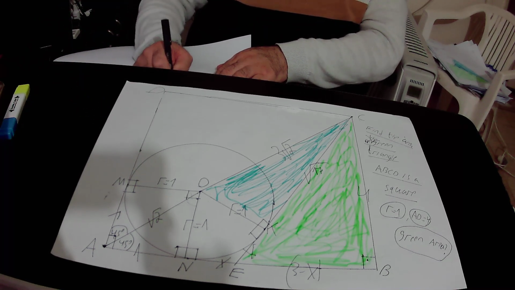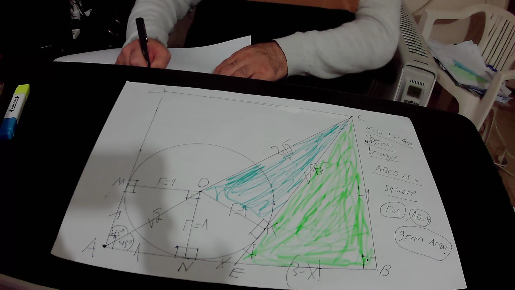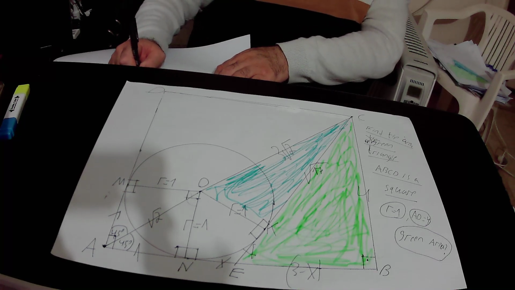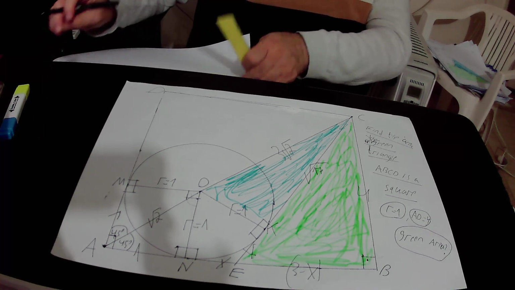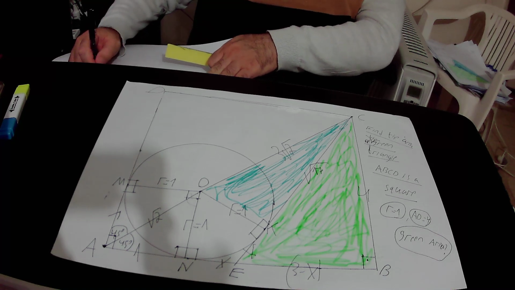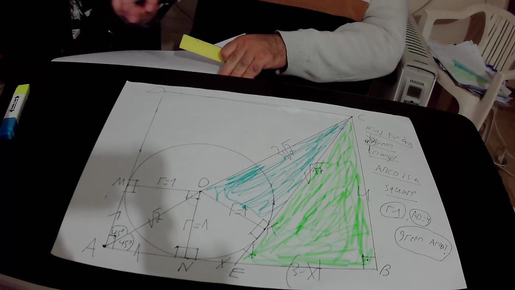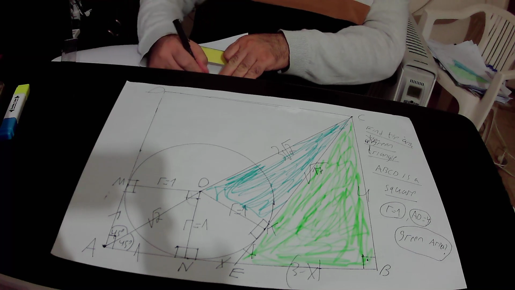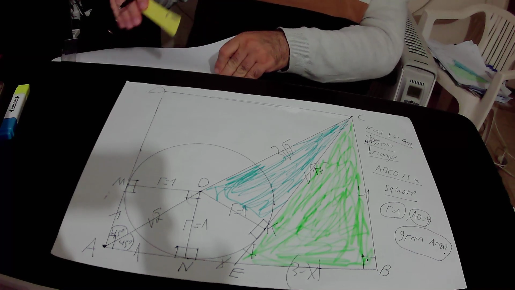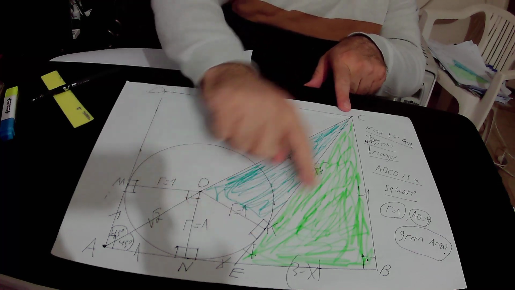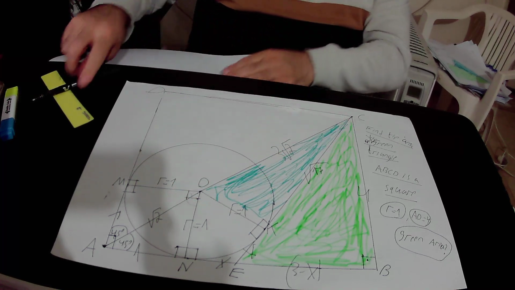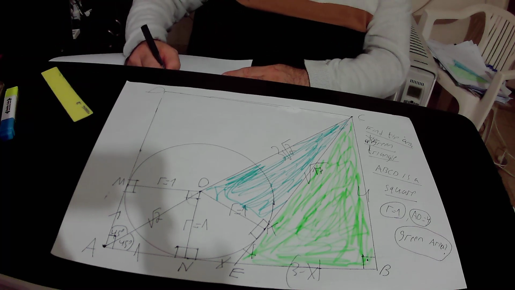According to the Pythagoras theorem, the square of the hypotenuse equals the sum of the squares of the perpendiculars. The hypotenuse in the right green triangle is CE, so the square of the hypotenuse is CE squared.